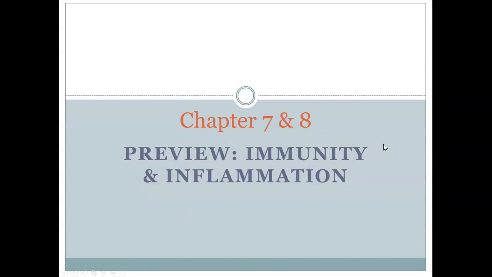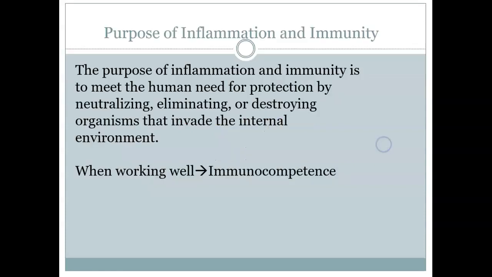Okay, this is a preview, and this is just explaining immunity and inflammation. This might be information that came from chapter 6. The purpose of inflammation and immunity is to meet our human need for protection by neutralizing any threats to our environment, eliminating or destroying that threat.